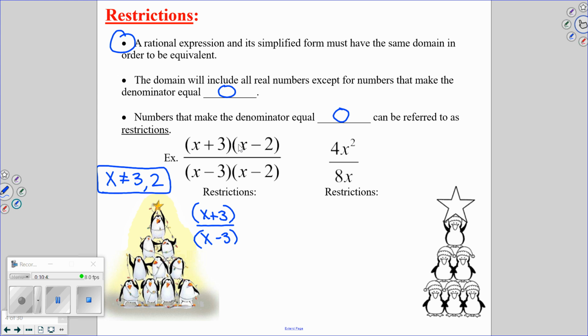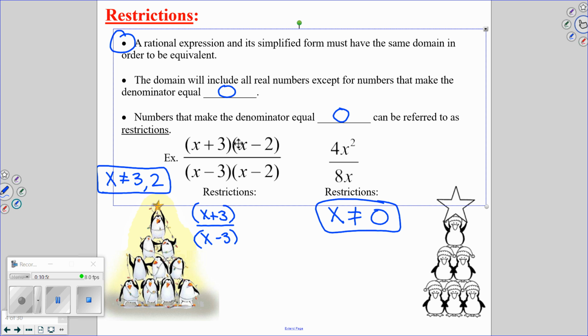So what would the restrictions be on this one? X would not be allowed to be what? What would make the denominator equal 0? 8 times negative 8 is negative 64. It's 0. Right? 8 times 0 is 0. It's not plus or minus. It was being multiplied. It's kind of like baby brother.